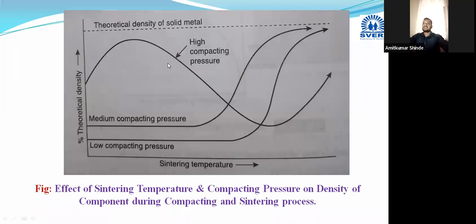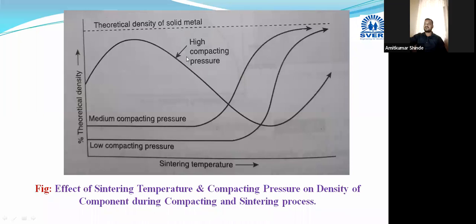To obtain theoretical density values, we have to use medium or low compacting pressure with higher sintering temperature values, and we have to avoid high compacting pressures.